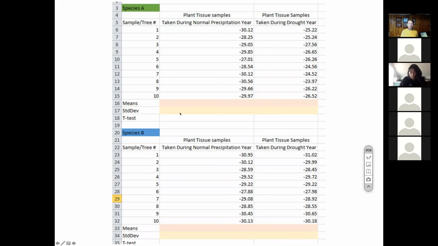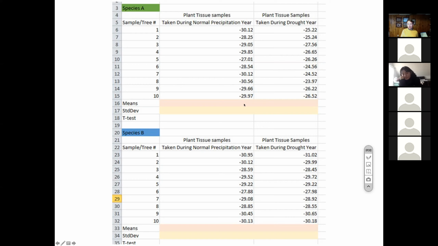That might be species A and species B. This set of data is all the samples they took during a normal year from species A. And then they went over and took plant tissue samples during a drought year. So our job here is to compare these two populations and decide whether they're the same or different.